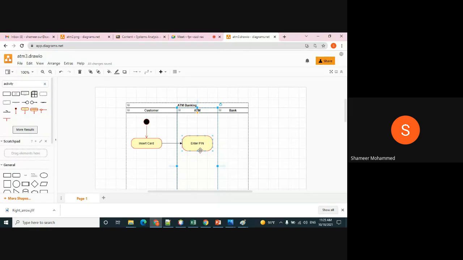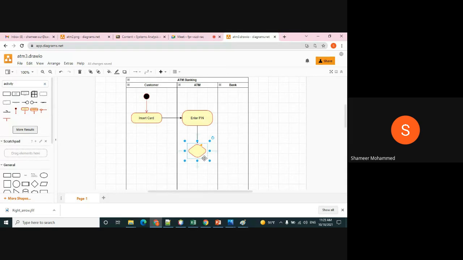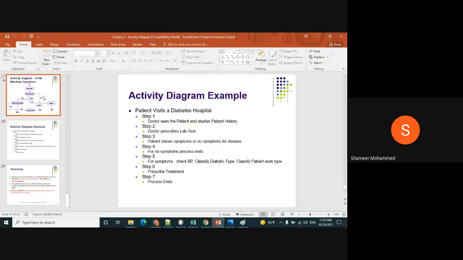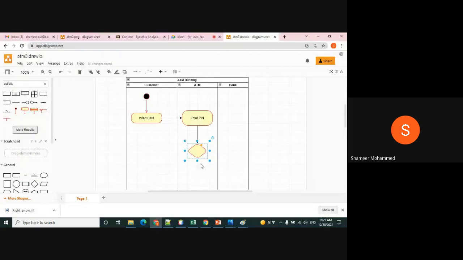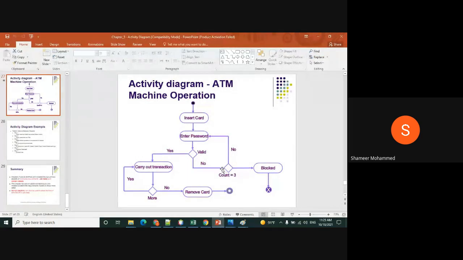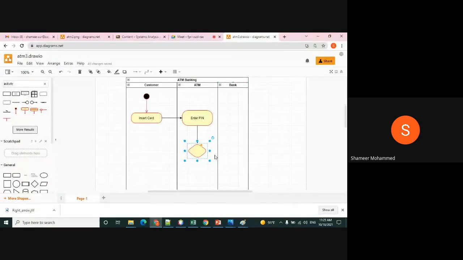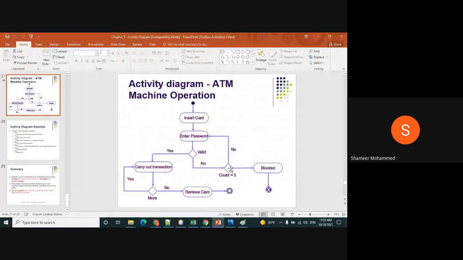Okay. After that, this activity will lead you to, sorry, when you keep the cursor here, see, this is the decision box. So you can check here the decision, and if the card is not valid, what you have to do. If the card is valid, what we have to do. No means go for checking the other option. Okay, this one.